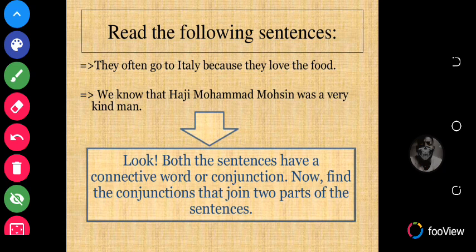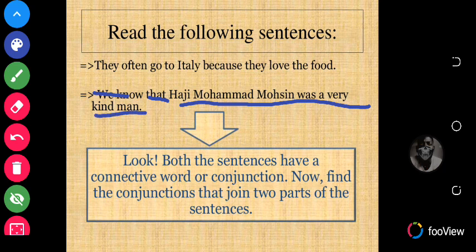Now, let's look at the other sentence. We know that Hajj Muhammad Mohsen was a very kind man. The connective word is that. And this connective word separates the sentence into two different parts. The first part is we know, and the second part is Hajj Muhammad was a very kind man.